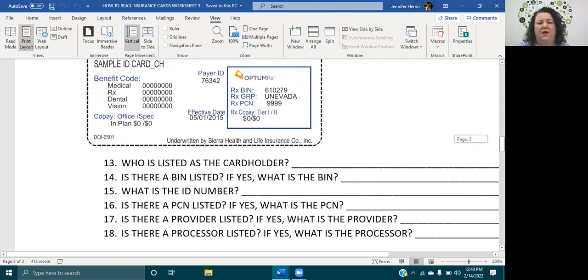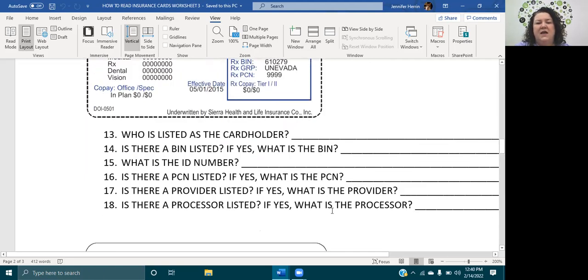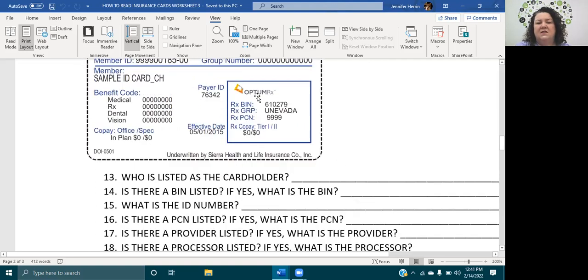That is the provider. But then the processor, you see you have a third name listed here inside this box. That is your prescription company processor. So the answer for that one on number 18 would be that Optum RX that is listed here within the box.